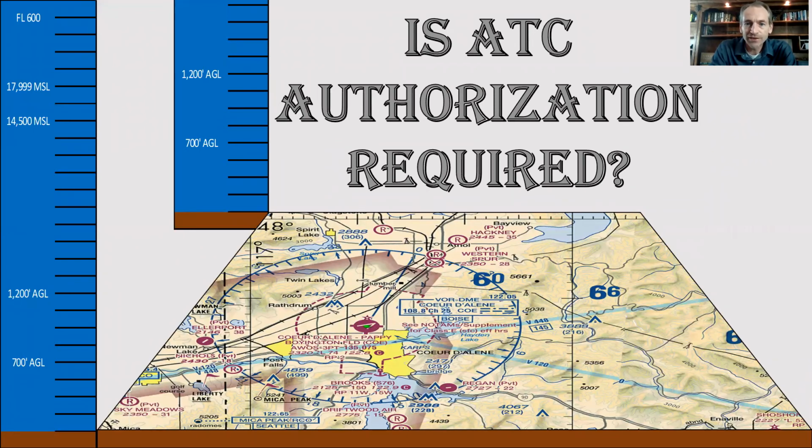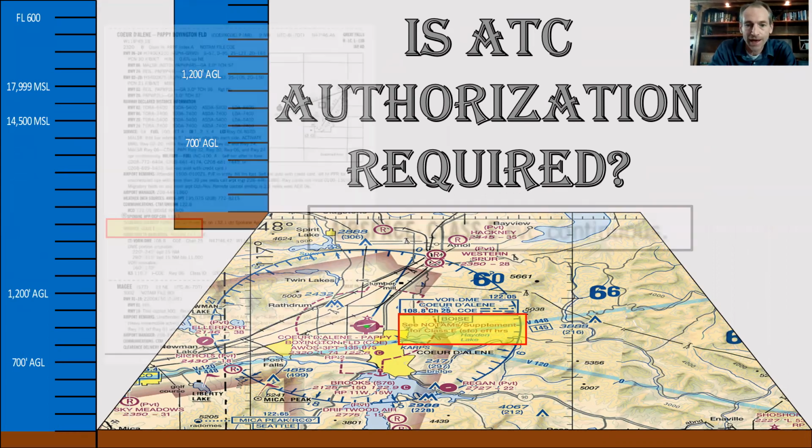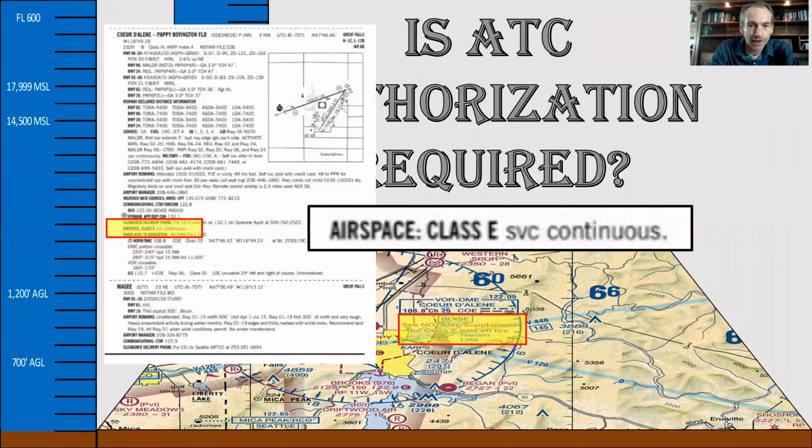So is ATC authorization going to be required for flying in the area around Coeur d'Alene Airport? Again, we see a note. It says see NOTAMs or the supplement for your Class E surface effective hours. So we have to check that to make sure we know when the time is for Class E. And here it says your Class E is continuous.